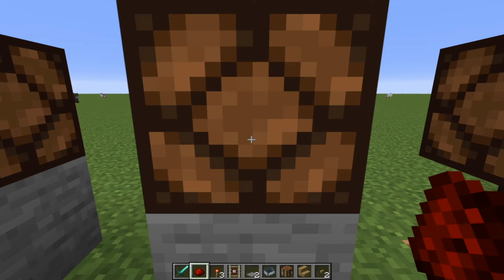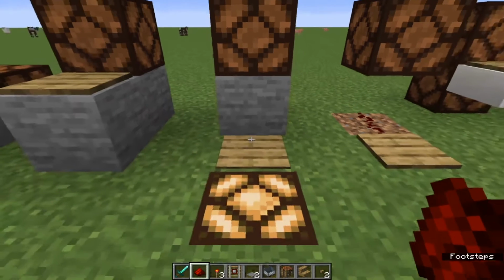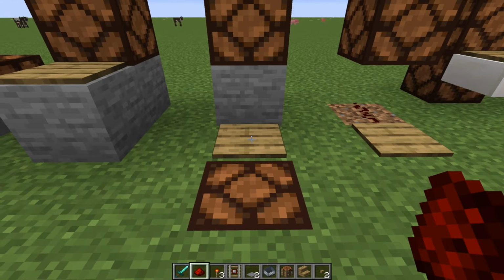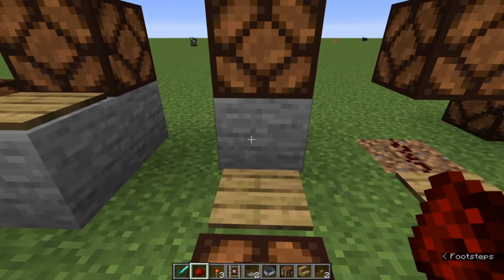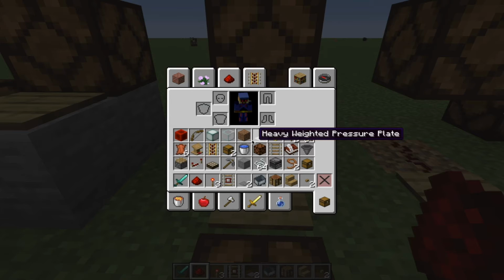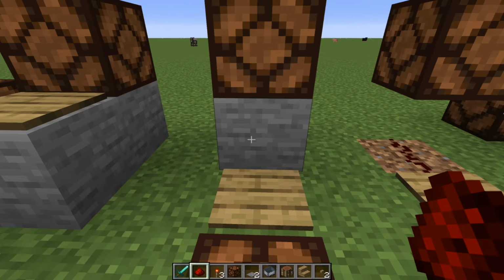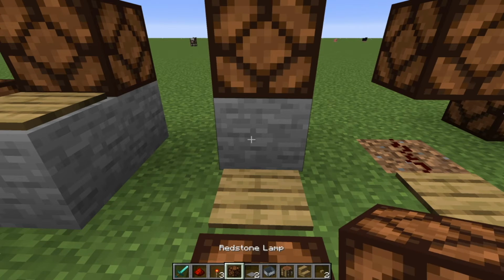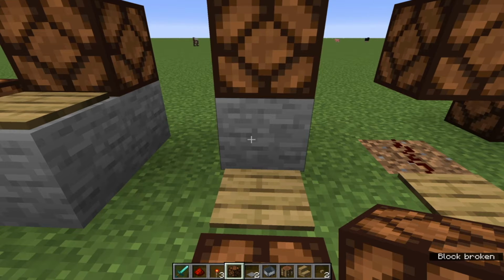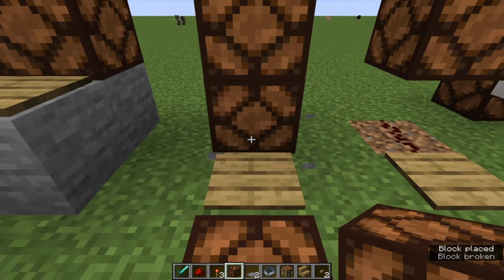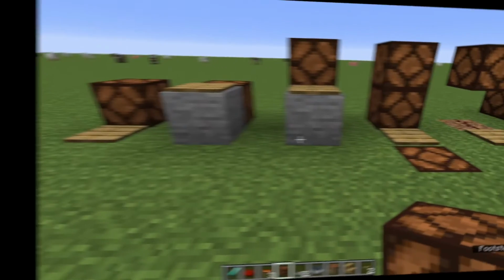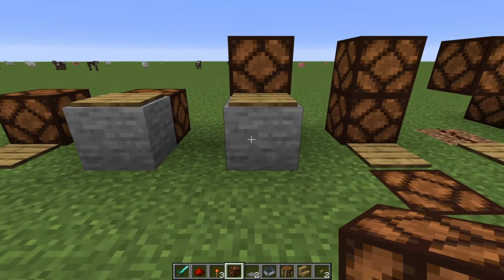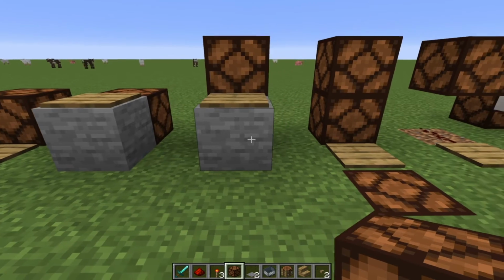Why? Because we're only activating the block adjacent to the block that the pressure plate is occupying. See the difference?